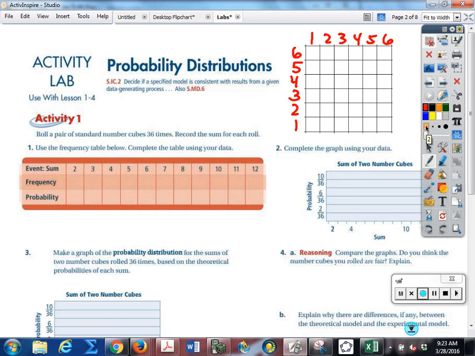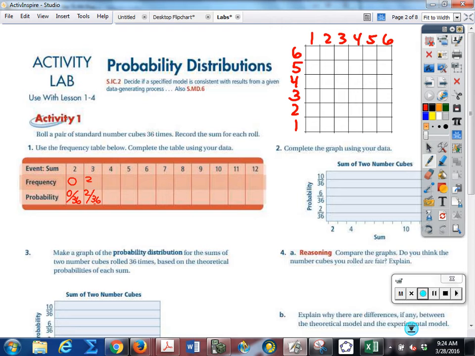So the probability that I rolled a 2 on that set of numbers was 0 out of 36. Then this one was 2 times, so this was 2 out of 36 is the probability. And we could do a decimal, fraction or percent. Let's just do a fraction. And you could reduce it if you wanted.